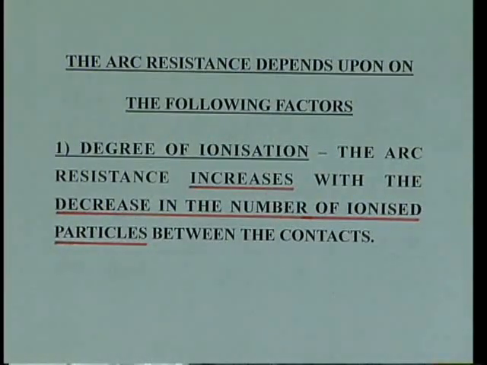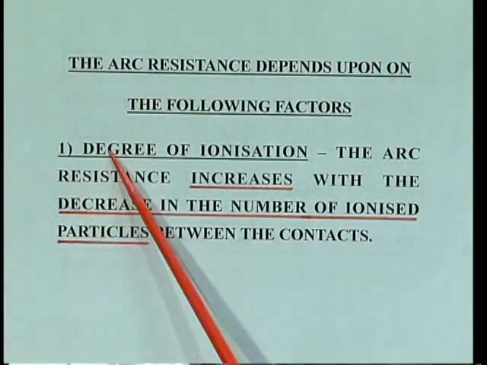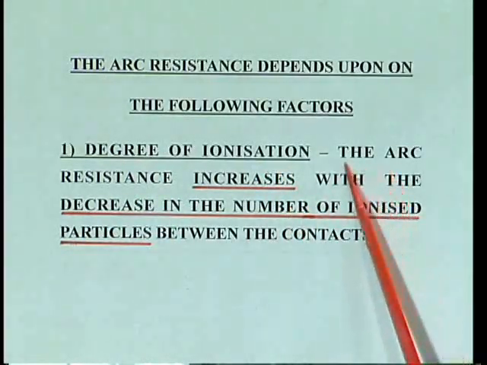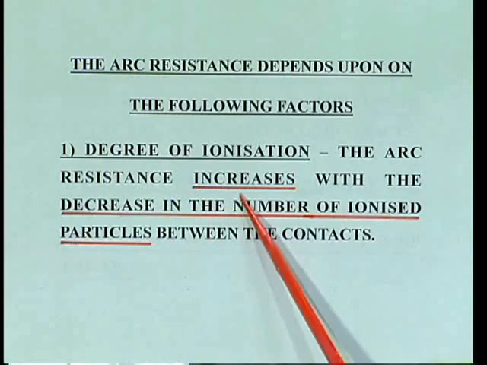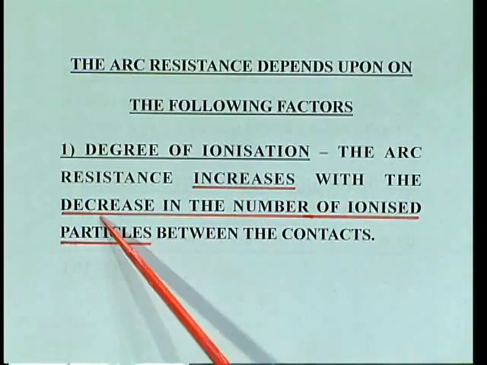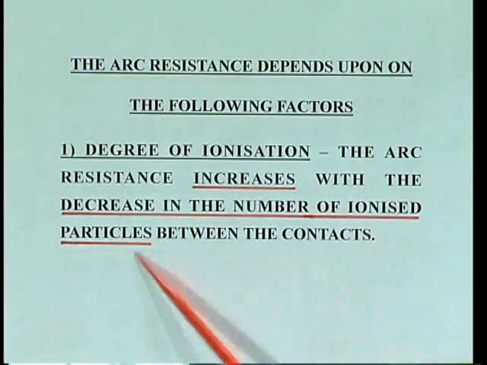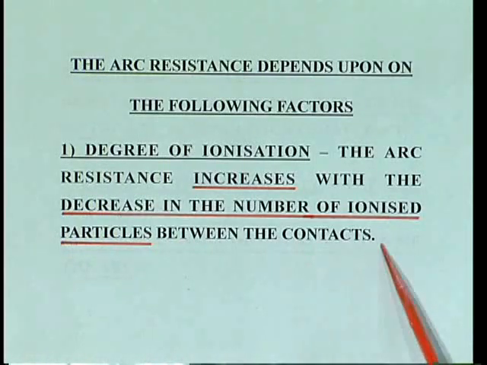The arc resistance depends upon the following items. First one is the degree of ionization. The arc resistance increases with the decrease in the number of ionized particles between the contacts.